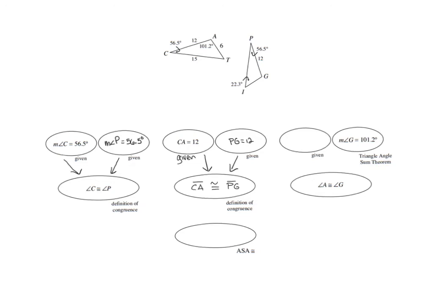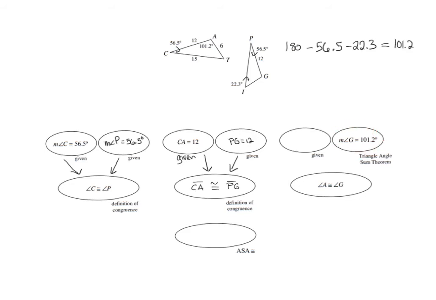Notice in our diagram, we aren't actually told what the measure of angle G is, but because every triangle has 180 degrees total, we can subtract 56.5 degrees and 22.3 degrees from 180, and we'll end up with 101.2 degrees.